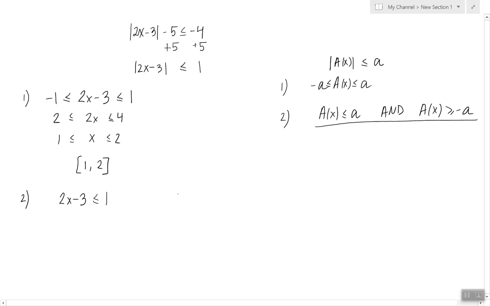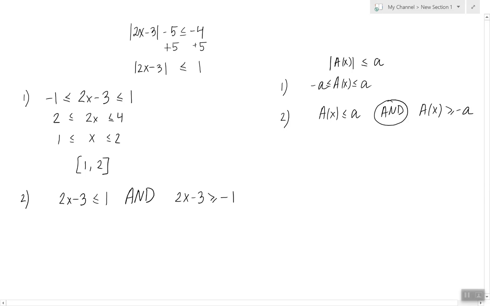And then we're going to take what's inside of the absolute value and set it to be greater or equal to negative 1. And every compound inequality, and that's what makes it compound inequality, has the connecting word that logically connects the two inequalities. So in this case, the word is and.